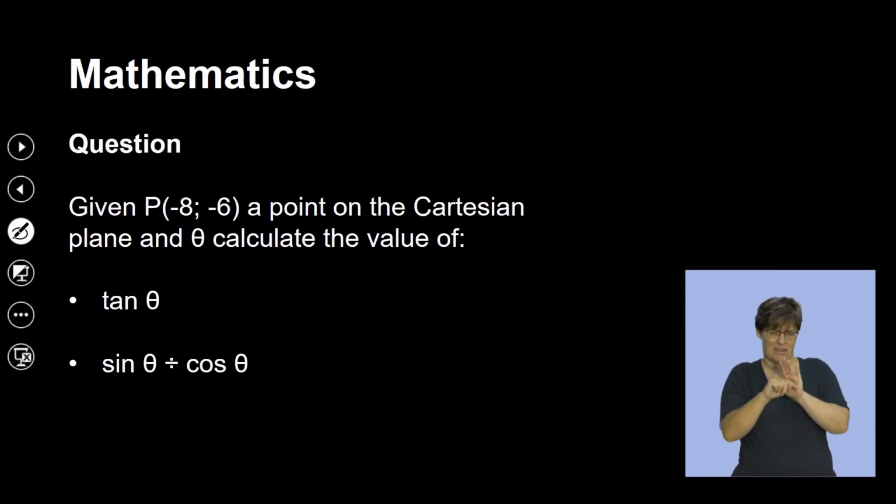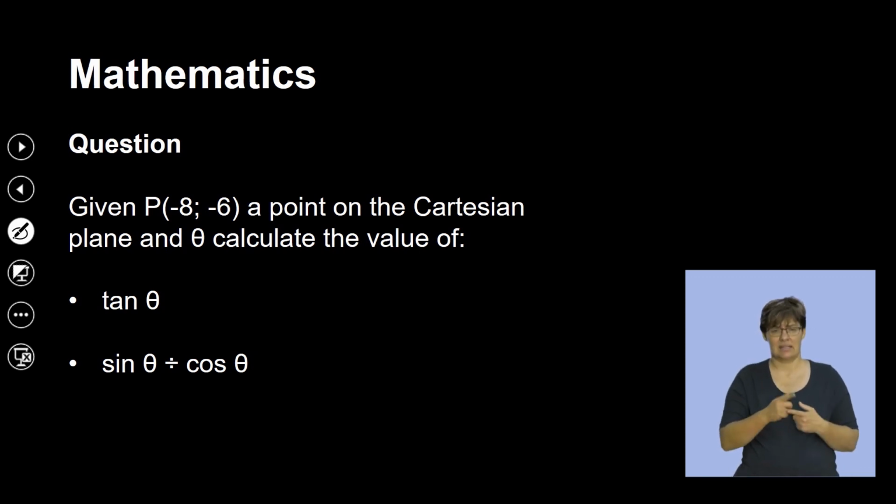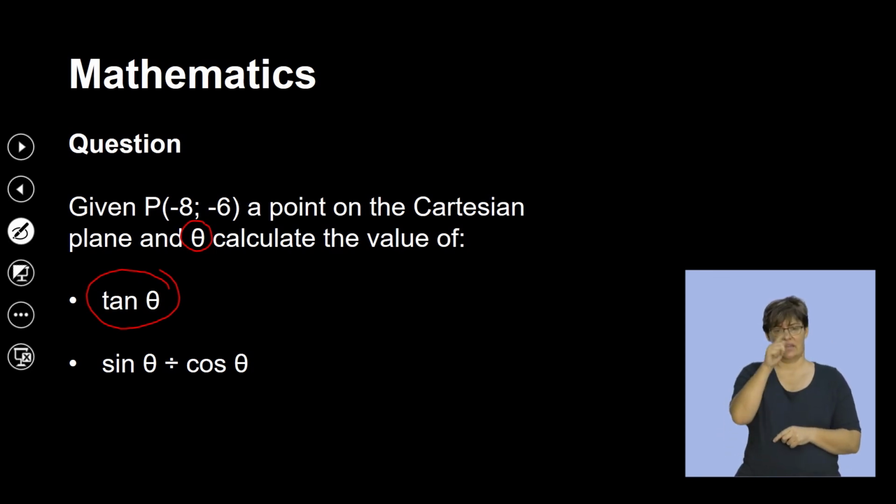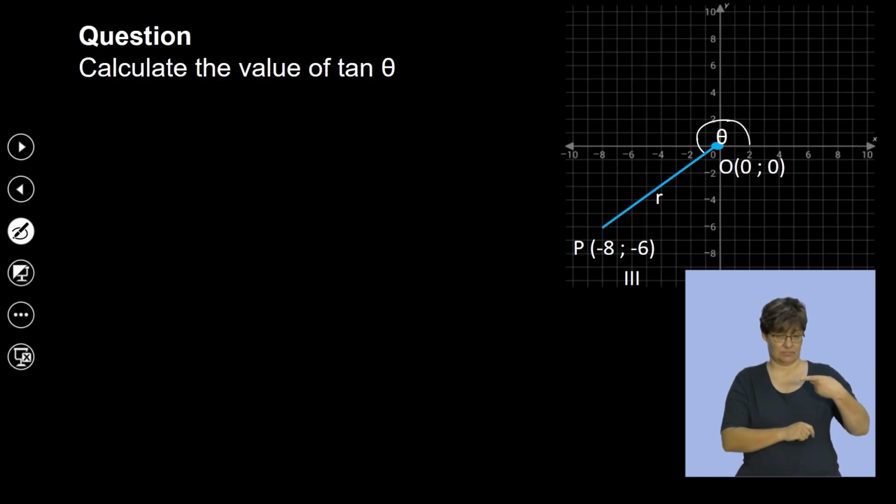Given P, which is (-8, -6), a point on the Cartesian plane, and theta that is on the Cartesian plane, calculate the value of tan theta and calculate the value of sine theta divided by cos theta. So let's start with the first one.